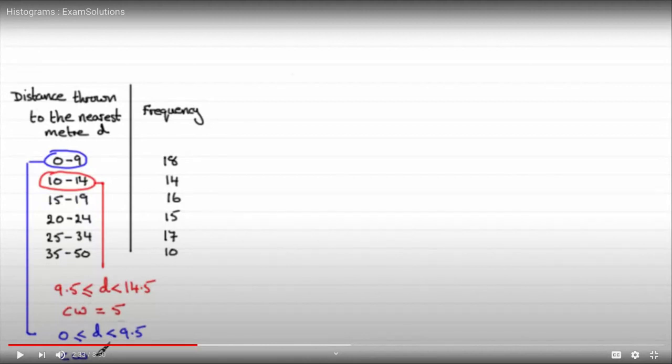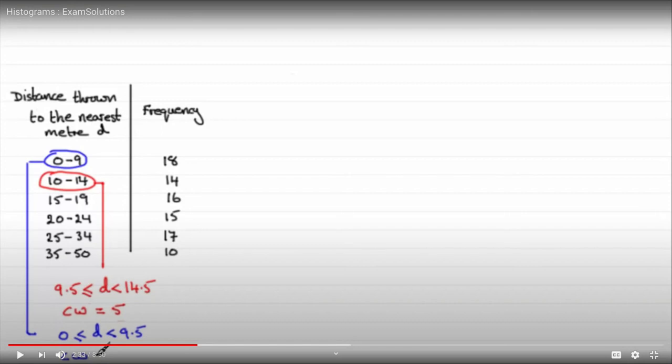You say you're throwing a ball and they're measuring how far you can throw the ball, or how many times you've thrown the ball between 0 and 9 meters. So you cannot have, well, somebody threw it at 9.5 meters. You don't know that because the measurements are whole numbers, correct?